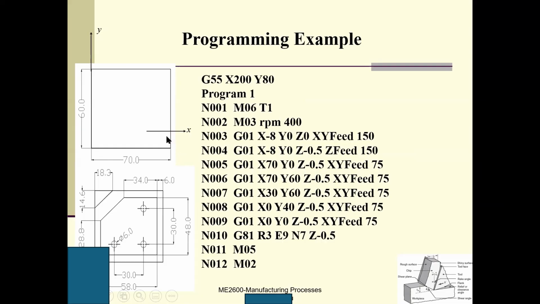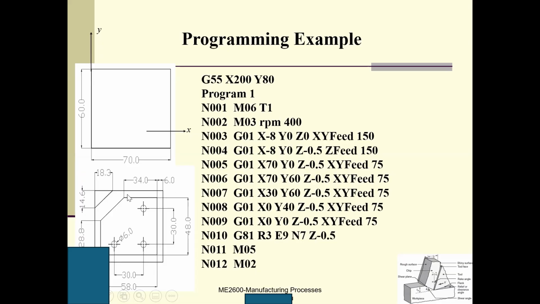Going down, go here, and it should be here. Then X70, Z60, go here. So this one is 70 from here, go to 60 here, and the Z qualified. Then go back.